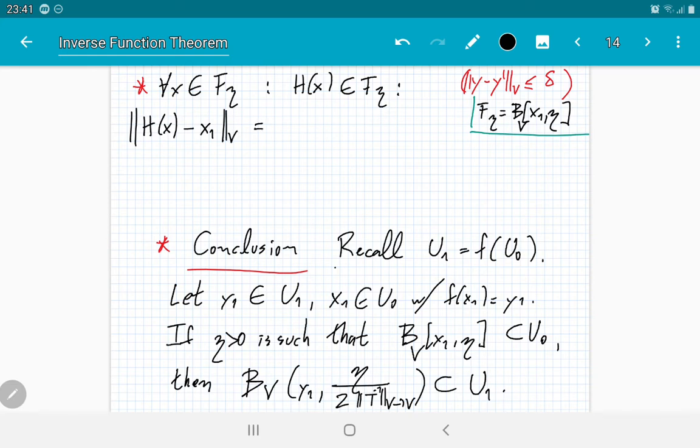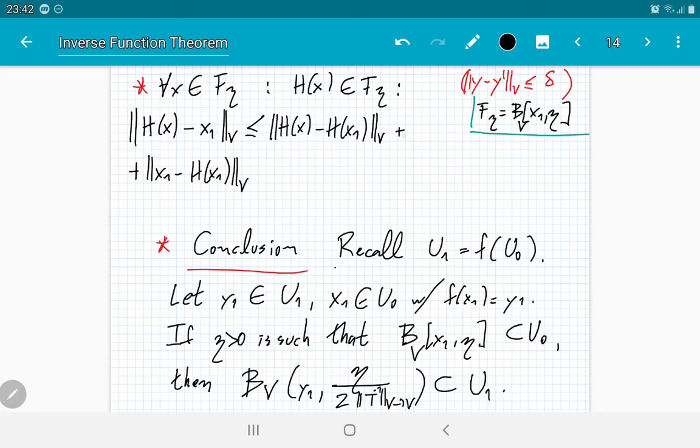So h of x minus x1 is h of x minus h of x1 plus h of x1 minus x1.